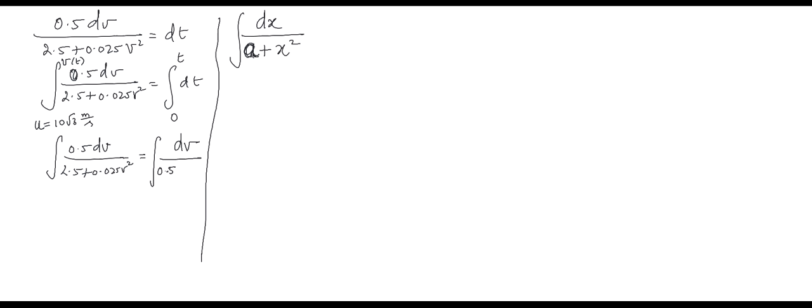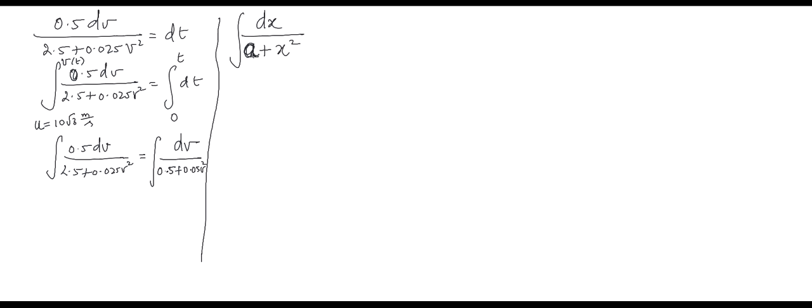Okay, and 0.025 divided by 0.5 will give you what? 0.025 divided by 0.5, that will be 0.25 divided by 5, so 0.05. Double checked it. Yes, sir.